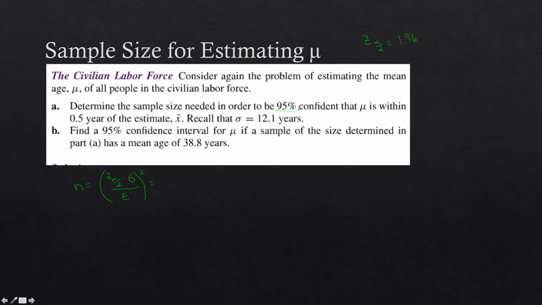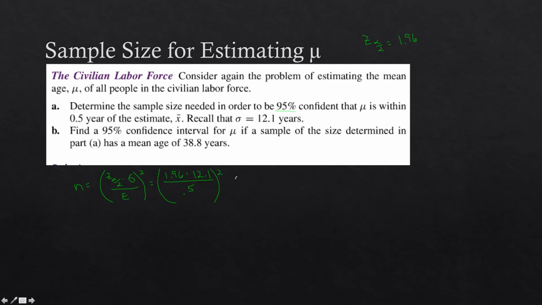Feel free to go back and watch the section 8.2 video. So I'm going to go ahead and plug that in. My standard deviation is 12.1. And my error here is 0.5. Within 0.5, that's my error.